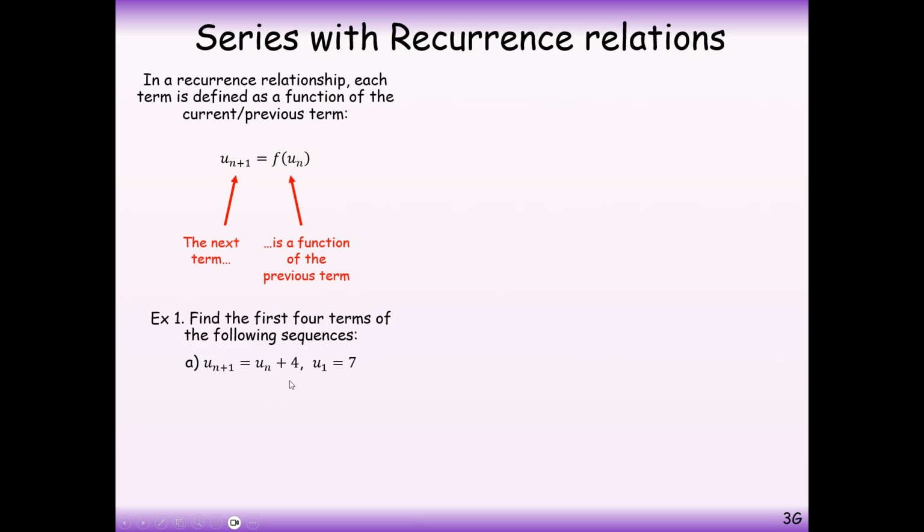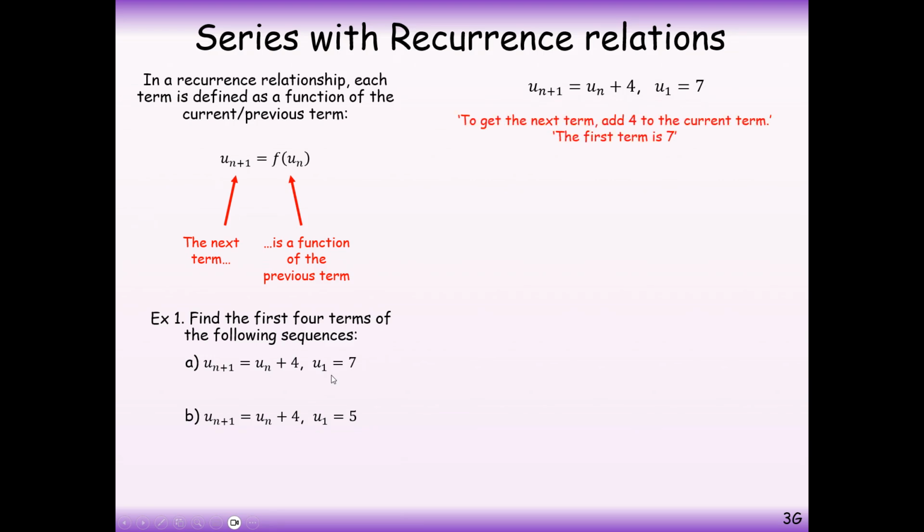So in our case, we've been asked to find the first four terms of this sequence, and also another one. We deal with part B in a minute, but let's just substitute and find the numbers for part A. So 7 plus 4 makes 11. The first term is 7, and the second term is 11.